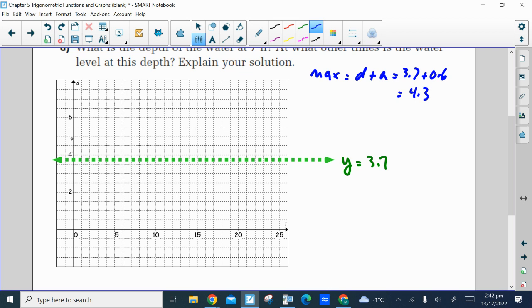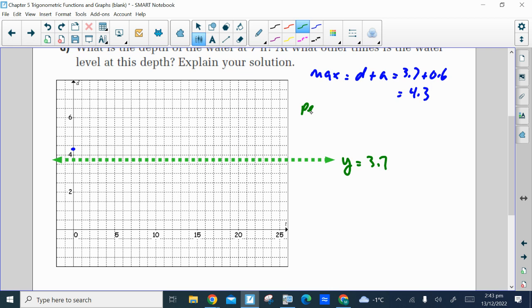So 4.5 would be right there, and 4.3 is just below it. And we'll be at that same height after one complete cycle is done.